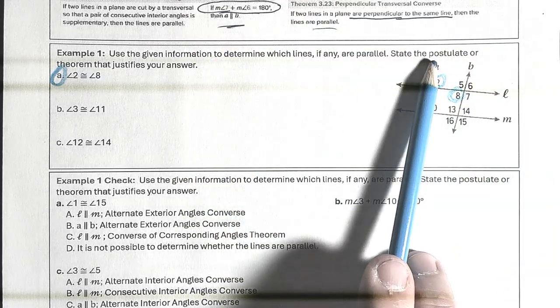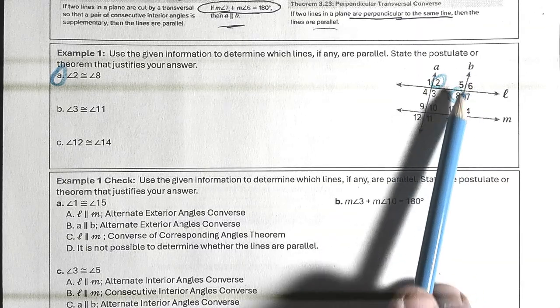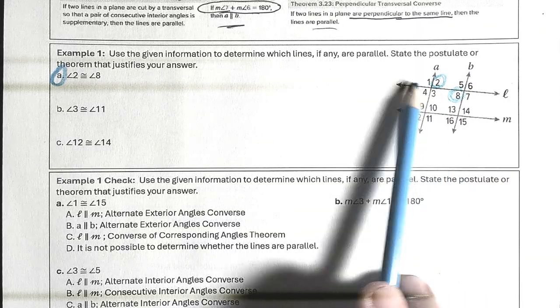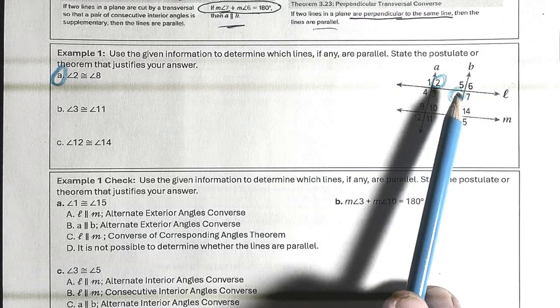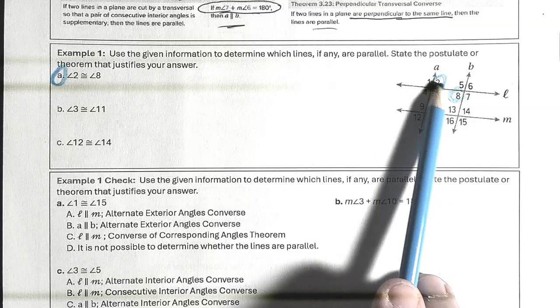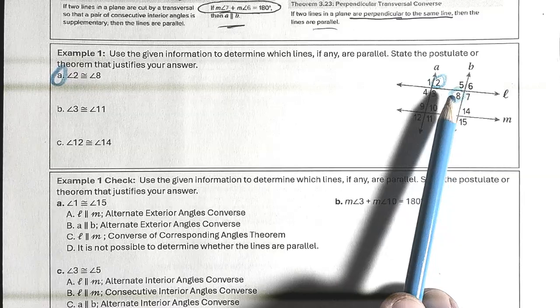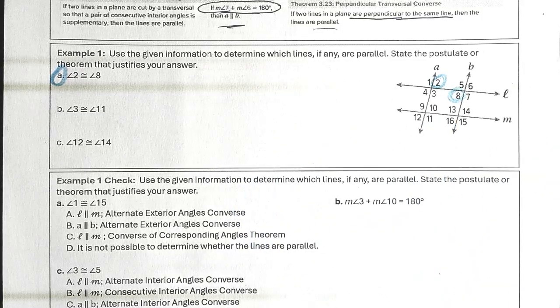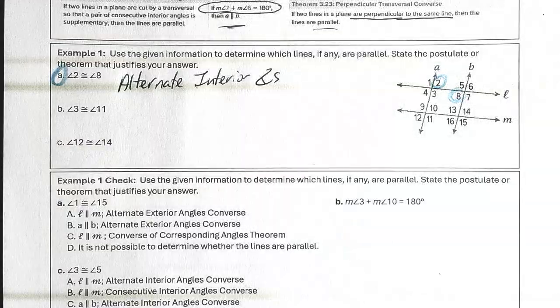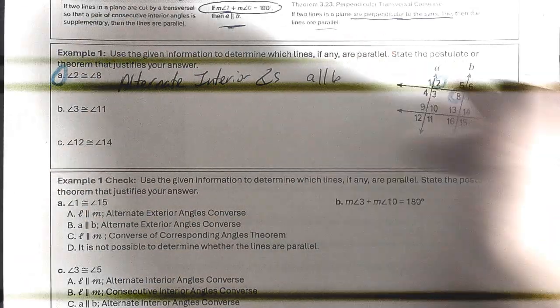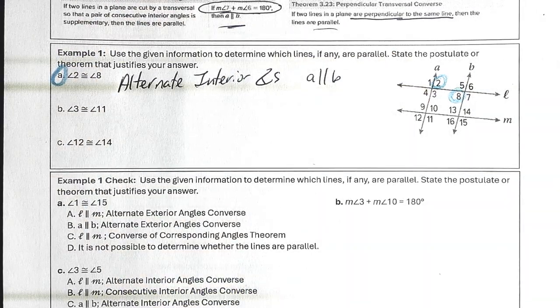Notice 2 goes with line A, and 8 goes with B. The transversal here would be L. Notice that 2 and 8 are both interior of A and B. 2 is above the transversal, 8 is below it. So they're alternate interior angles, and that would mean A is parallel to B.